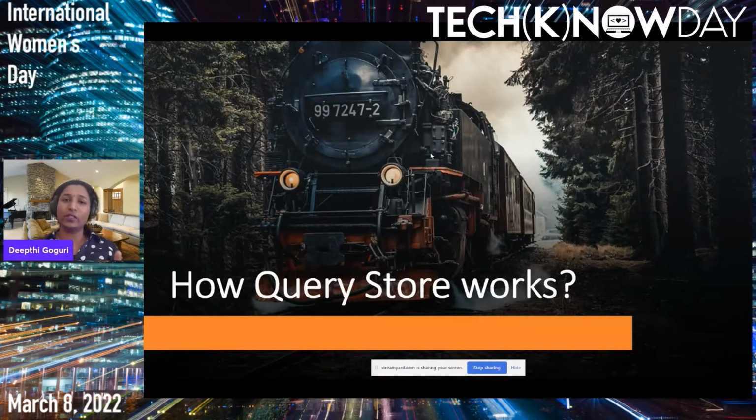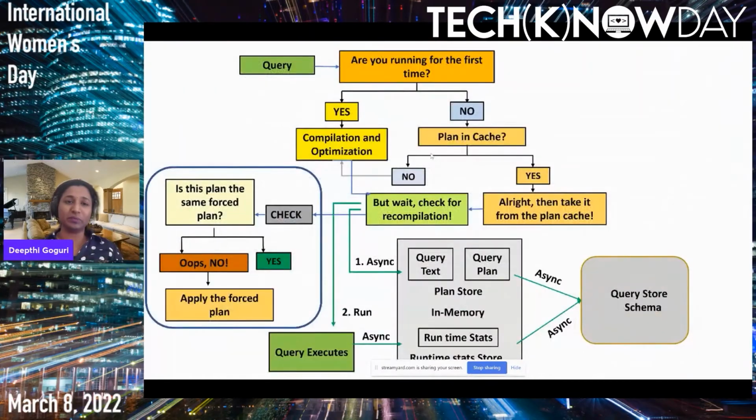So how does Query Store actually work behind the scenes? This is very interesting. Let's say you have a query and you are going to run it on SQL Server. When a query is submitted to SQL Server, it will check if it is running for the first time. If it is running for the first time, it will go through the compilation and optimization phases and generate a new execution plan.